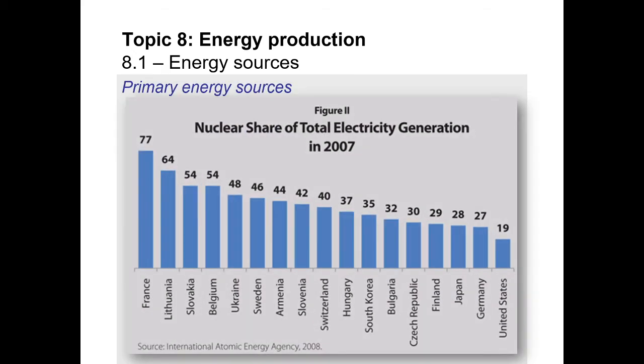All right, this is a really nice graph: nuclear share of total electricity generation. These percentages show how much of each country's total energy usage comes from nuclear reactors. This is data from 2007, but the numbers really haven't changed all that much. What I want you to notice is France. Most of its energy comes from nuclear energy, 77%, the highest on this list.